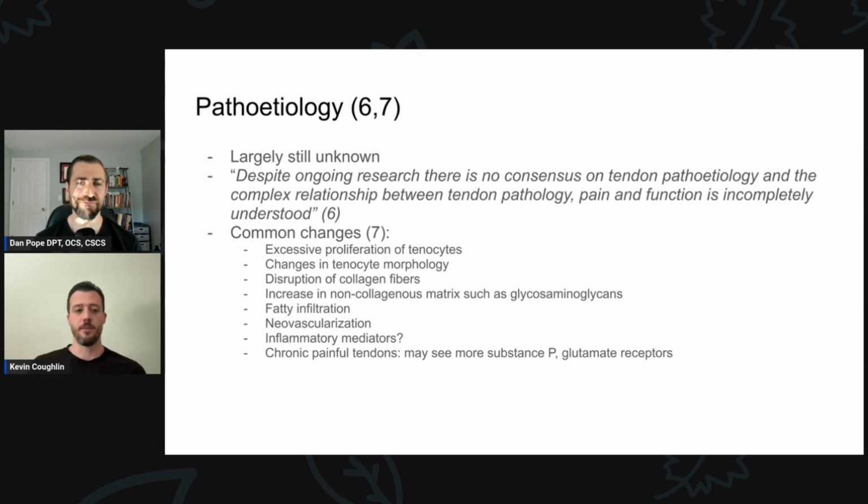But there are common things that we do see in these tendons and what can happen. So we do see an increased number of tenocytes, those tendon cells in the tendon. The tenocytes are a little bit different in structure, so we see a change in the morphology. You'll see a disruption in the collagen fibers, an increase in the non-collagenous matrix. Fatty infiltration is definitely something that seems to be in the research over and over.